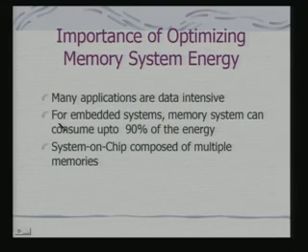And for embedded systems, some estimates say that the memory system can consume up to 90% of the energy. And systems on chip are composed of multiple memories, as we have already seen. So, this consumption in the memory is also another source of power drain. It is not only the CPU; so far what we have discussed is primarily the strategies related to the CPU, but memory is also another source of power consumption.